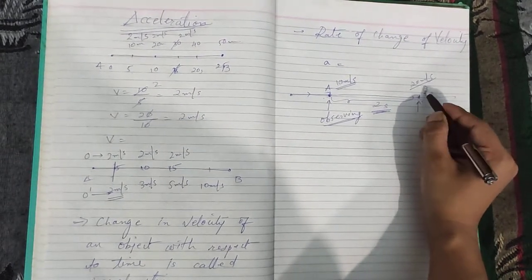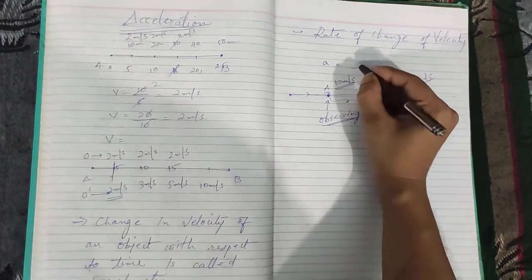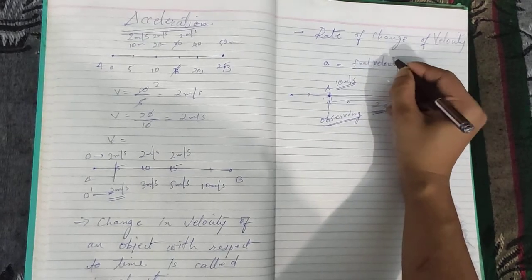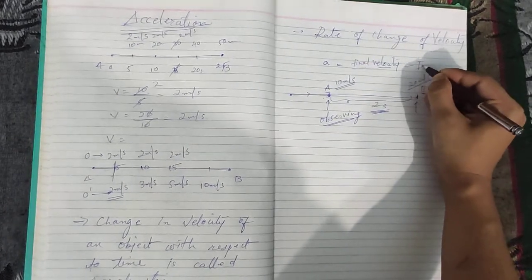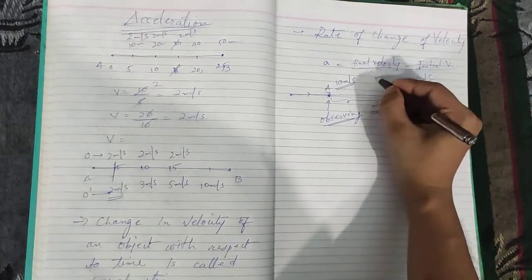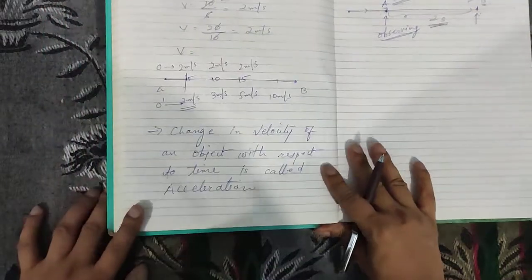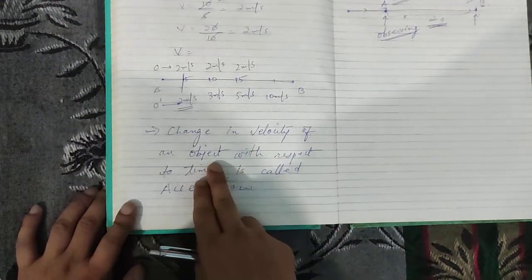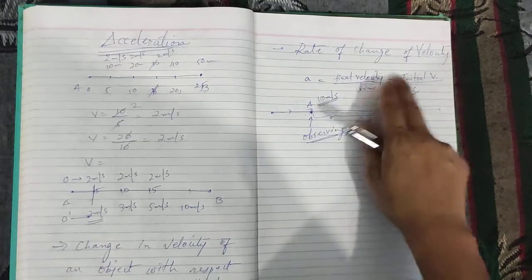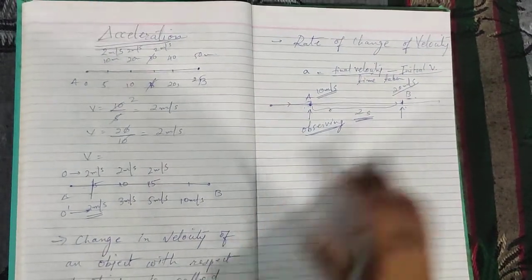So we will consider point B as our final point, and we will write final velocity minus initial velocity upon time taken. This is what the definition says: change in velocity of an object with respect to time. Final velocity minus initial gives you the change. With respect to time, it is called acceleration.